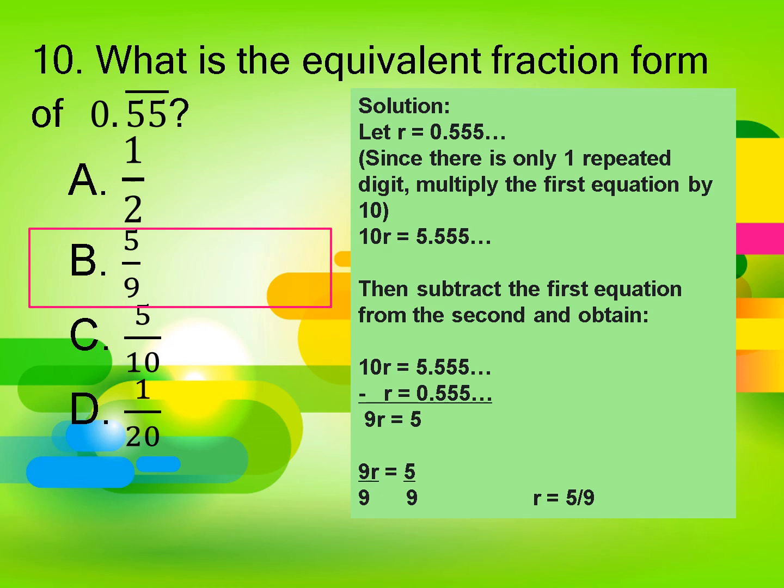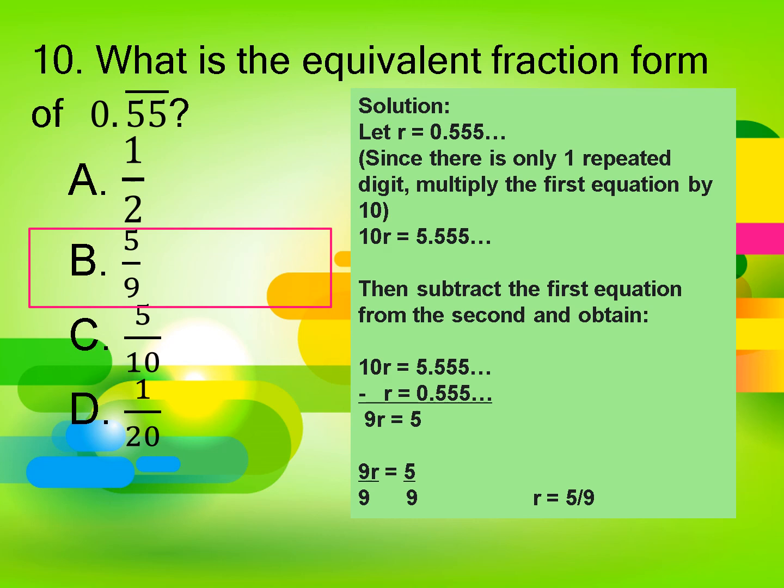So 9R equals 5. To get R, we will divide both sides by 9. So that's equal to 5 divided by 9. 9 divided by 9 is 1, so 1R is equal to 5 over 9. So the answer is 5 over 9.